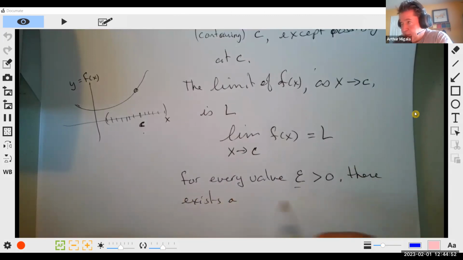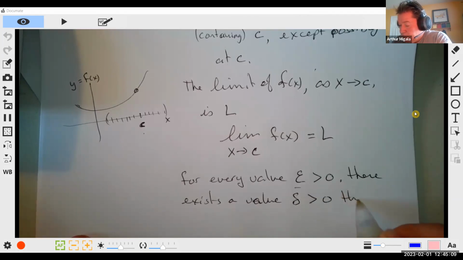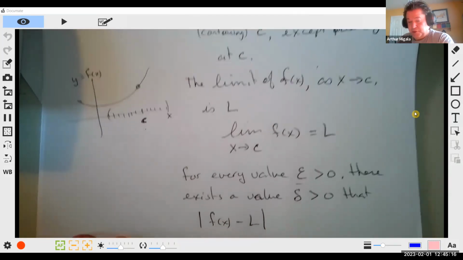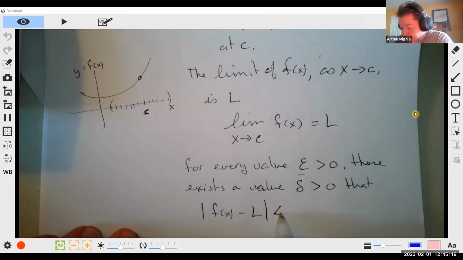There exists a value delta greater than 0. It's positive also. That shows that the difference between our function and the limit value is less than epsilon when it has to be positive also.